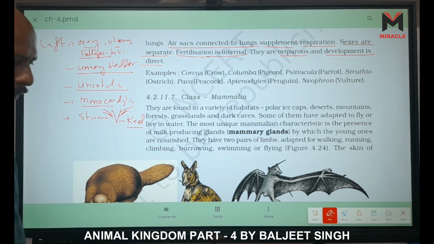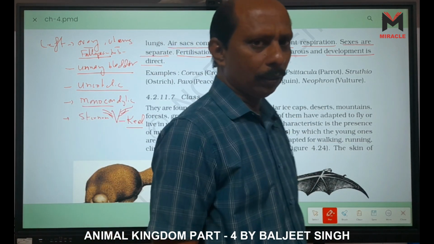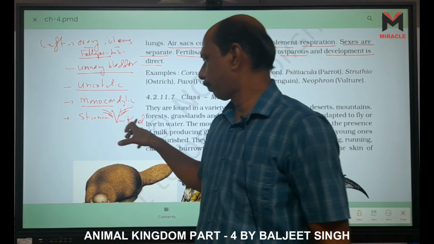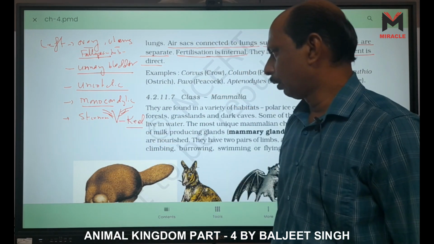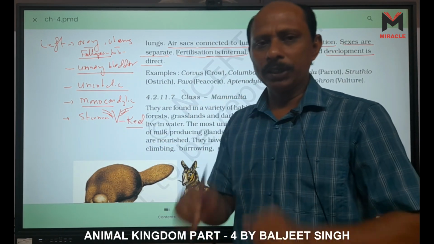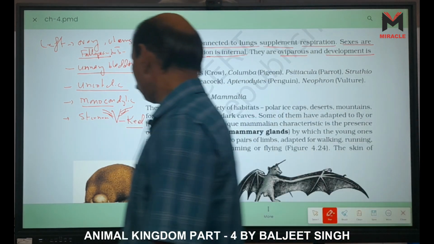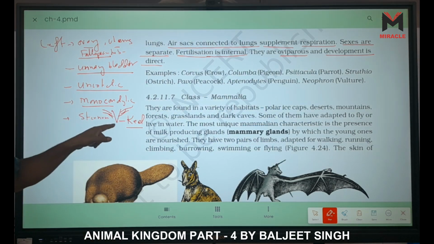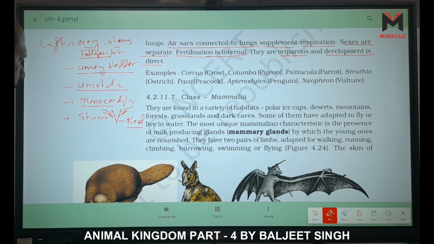When you see the structure, you can recall papilionaceous aestivation in the Fabaceae family. There also we call it the keel. The same structure is there.